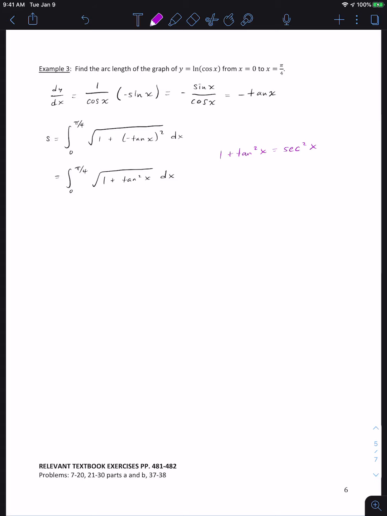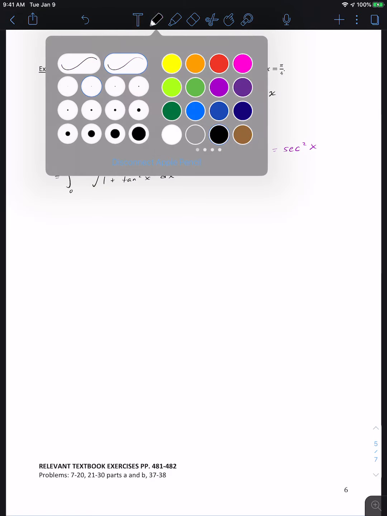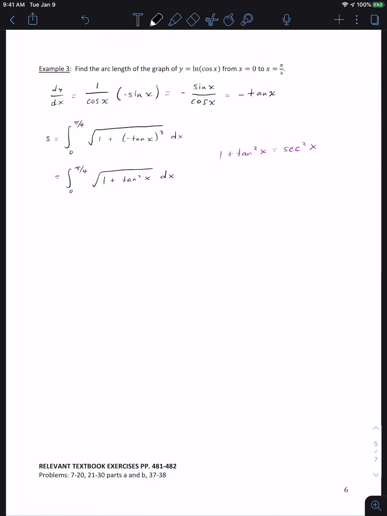We need to get comfortable with our trig identities, right? And so since 1 plus tangent squared x is equal to secant squared x, I can replace that in our problem. So from 0 to pi over 4, I can rewrite this as secant squared x underneath the square root. But then the squared and the square root cancel out. I'm left with the integral from 0 to pi over 4 of secant of x.